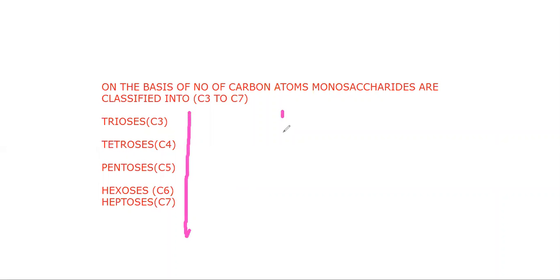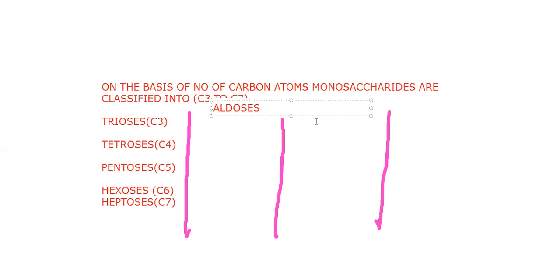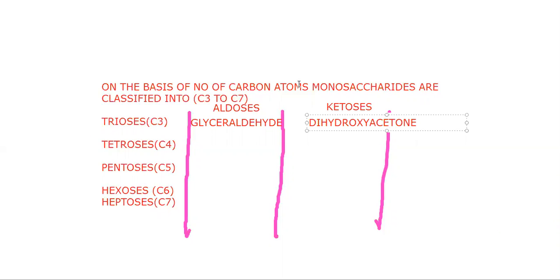In this category, if we look at trioses and tetroses, I'll first mention aldoses, and then ketoses. So the aldotriose is glyceraldehyde, whereas dihydroxyacetone is a ketotriose.